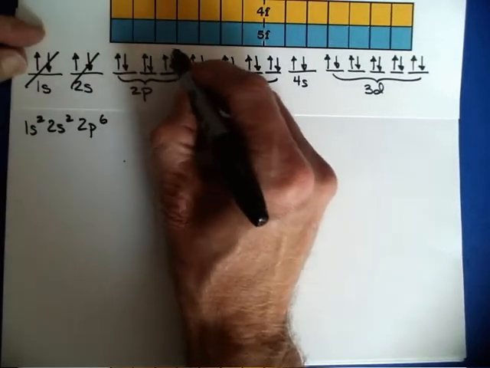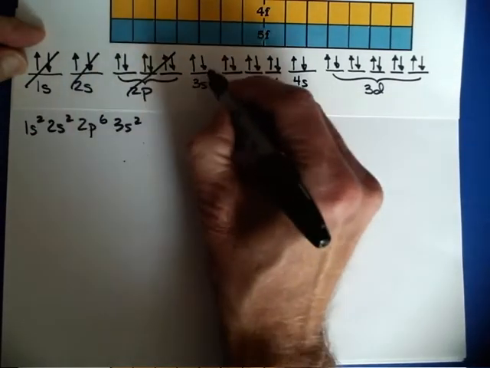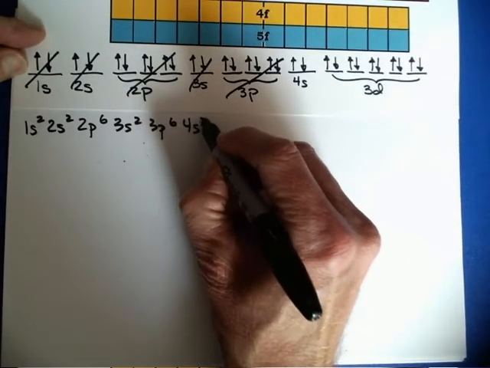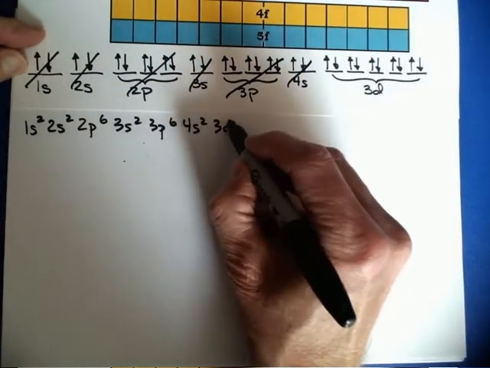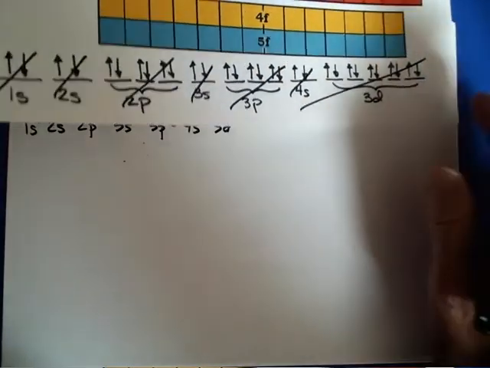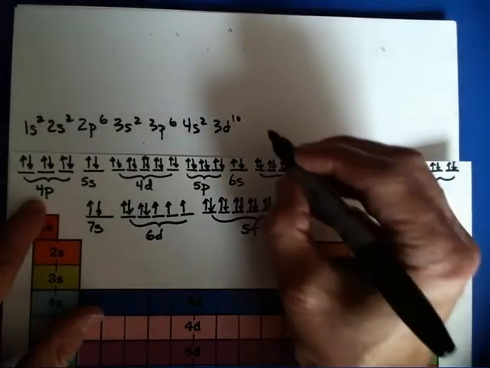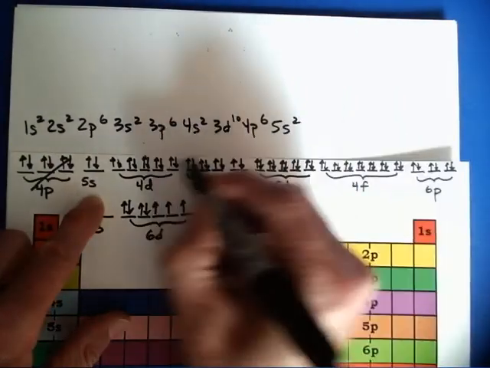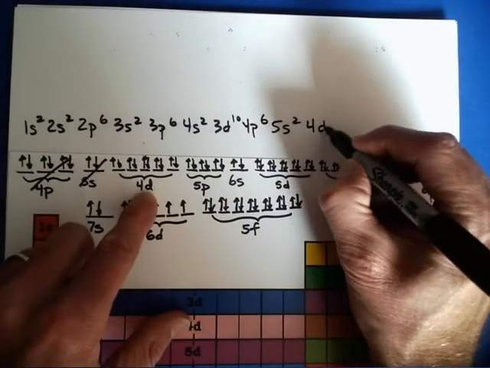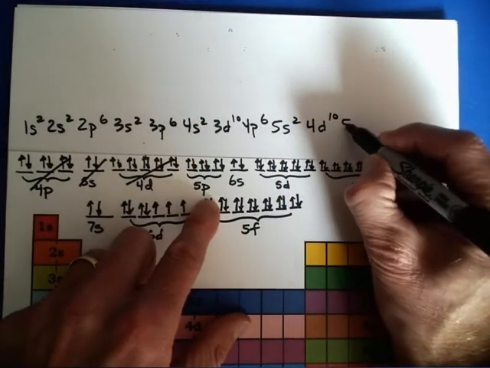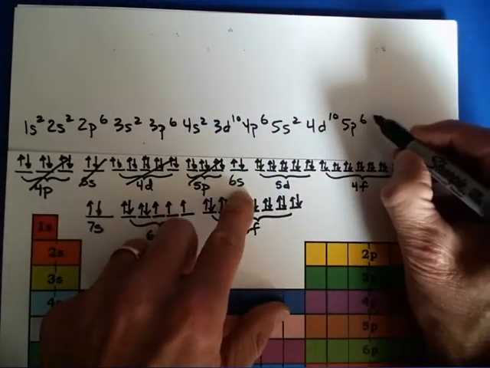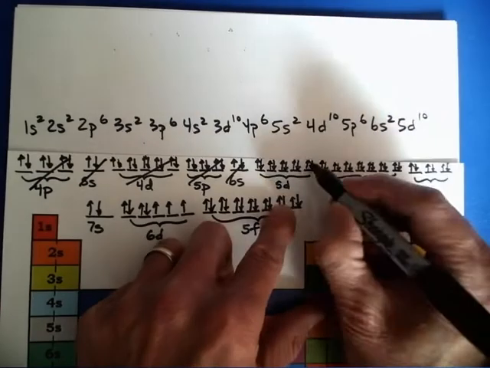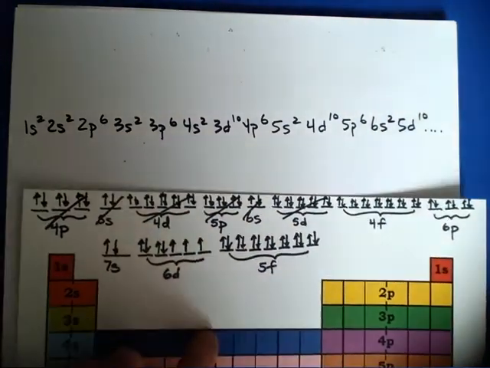I'm going to cross them off once I do them. 3s2, 3p6, 4s2, 3d10, 4p6, 5s2, 4d10, 5p6, 6s2, 5d10. We'll continue on the next line.